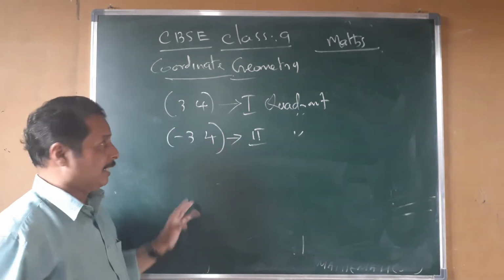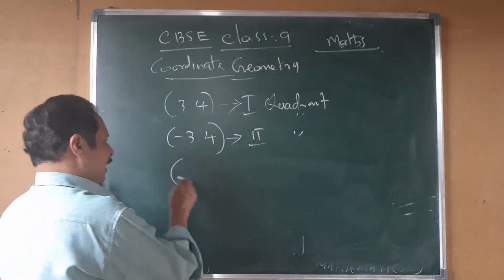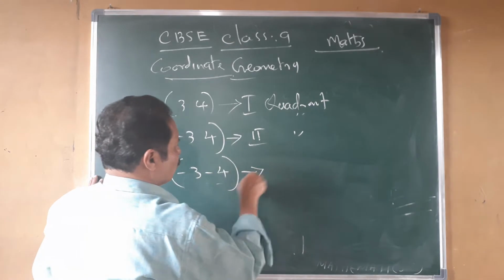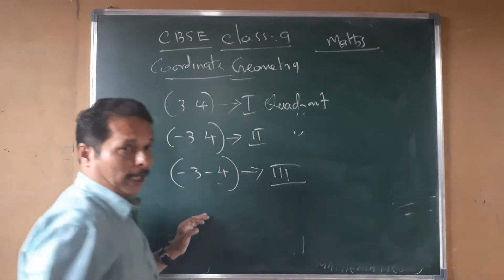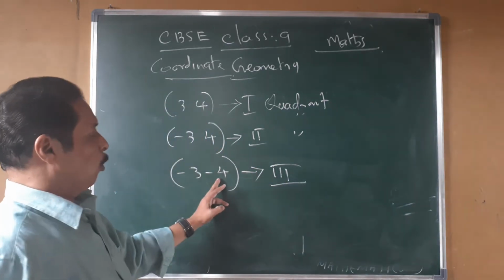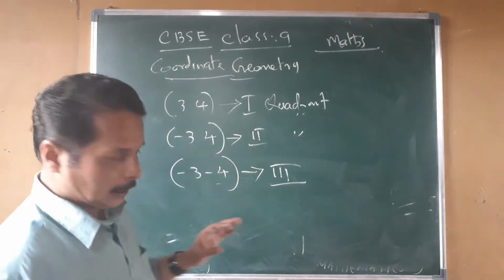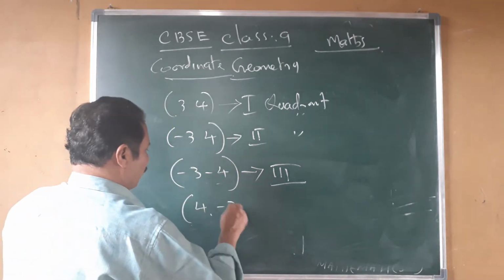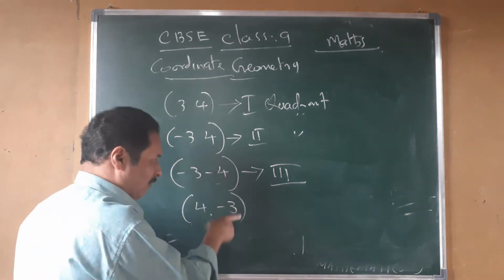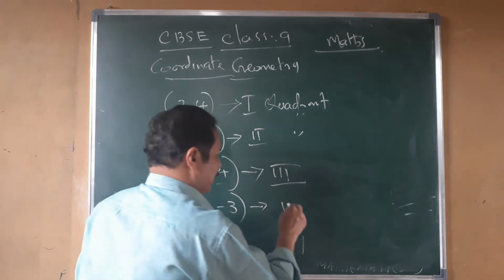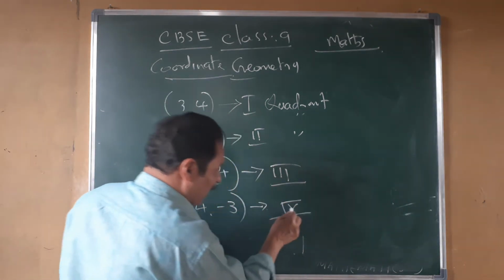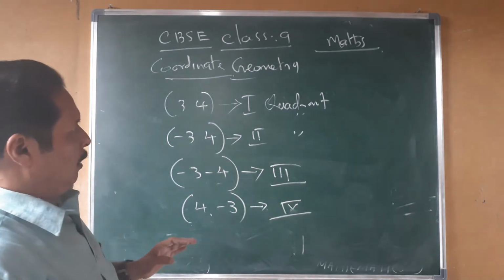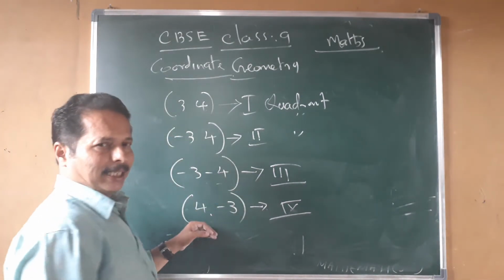X is negative, y is positive. Then (-3, -4) is on the third quadrant. X coordinate and y coordinate are negative, then it is on the third quadrant. And (4, -3), x is positive and y is negative, it is on the fourth quadrant. You remember that? Already completed problems also yesterday.